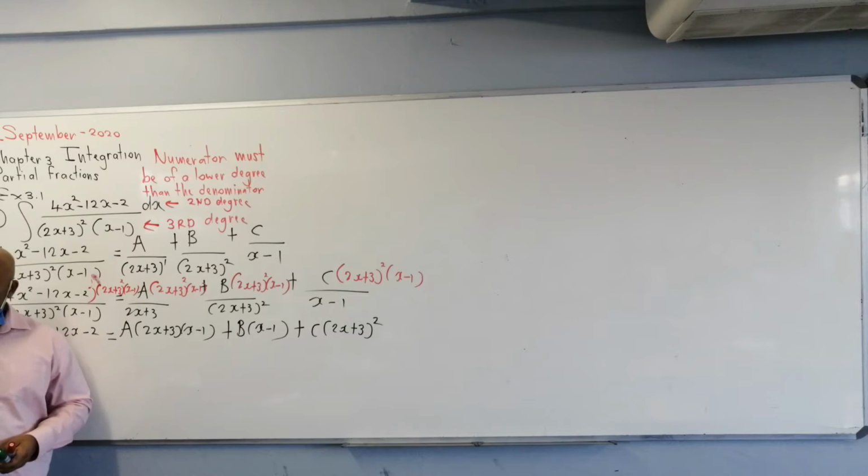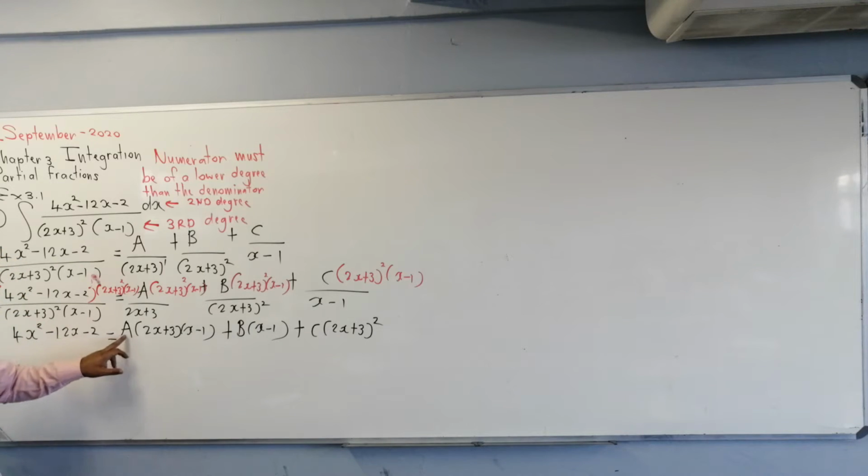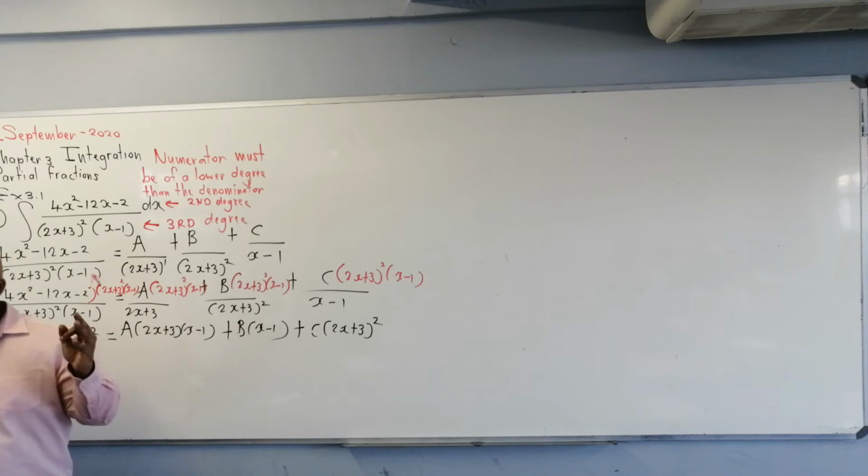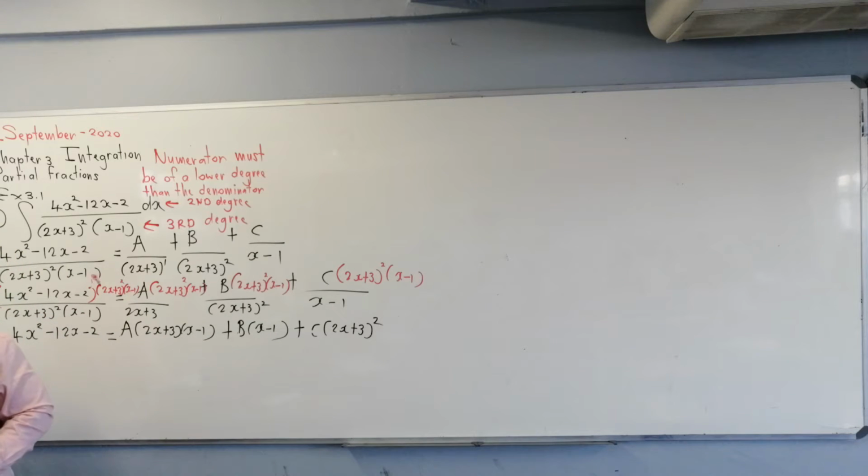I need to substitute 3 values here because there are 3 unknowns, A, B, and C. Now, I can substitute any 3 values I feel like, but I need to think which value can I substitute that will get me to the solution faster than any other value.